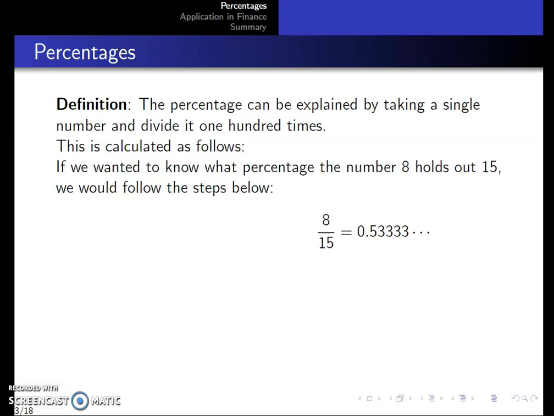We'll always take the small number divided by the bigger number, and then we'll get whatever result. Most of the time we want the number in decimals. Now, after having done that, we then multiply the number by 100.